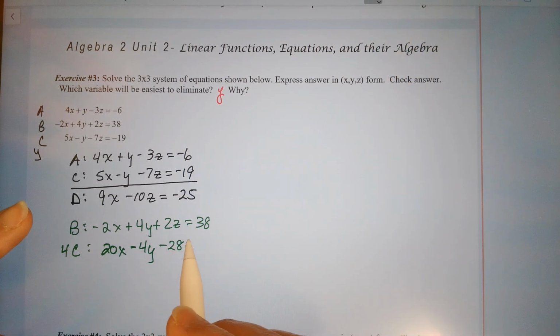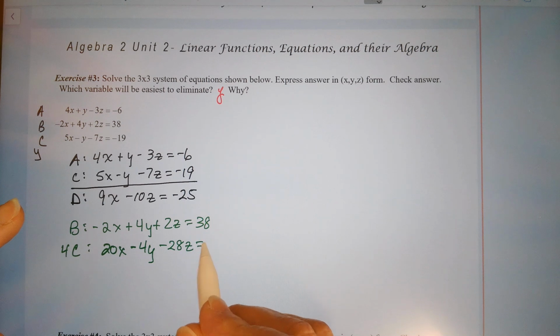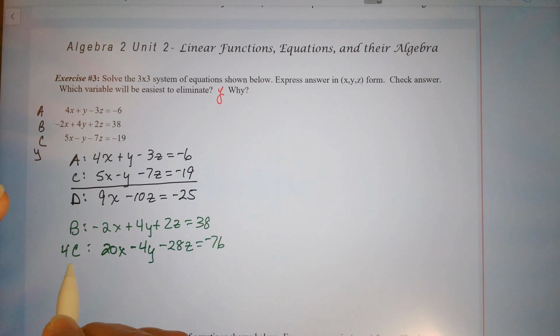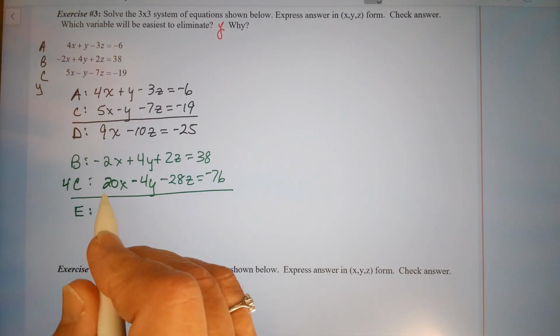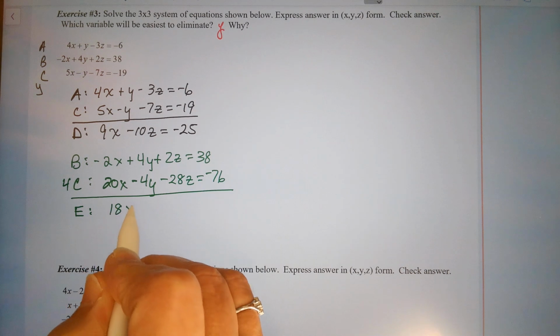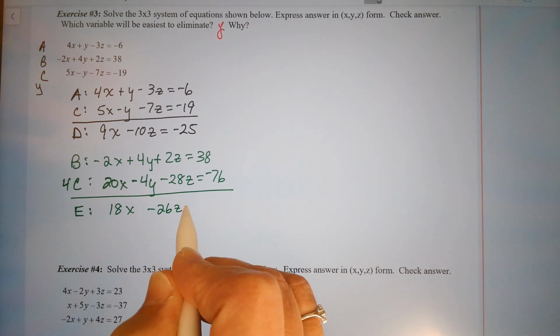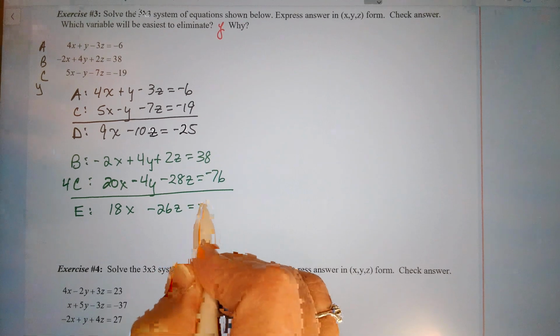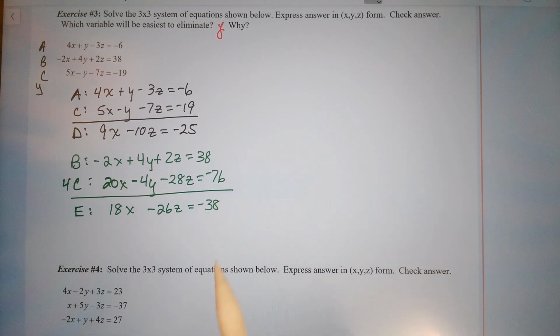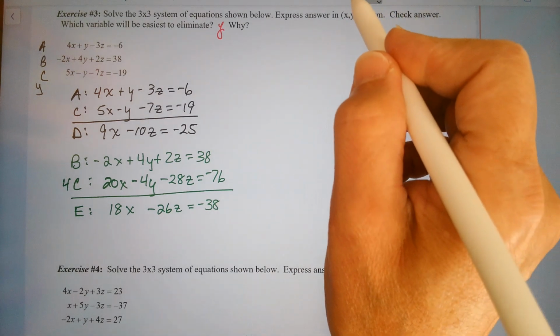And 4 times negative 19 is negative 76. We add these, and this is going to be labeled E. So 18x minus 26z equals negative 38.